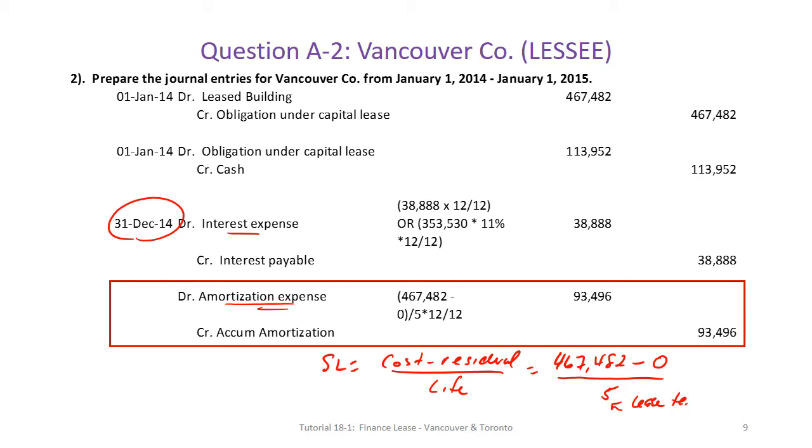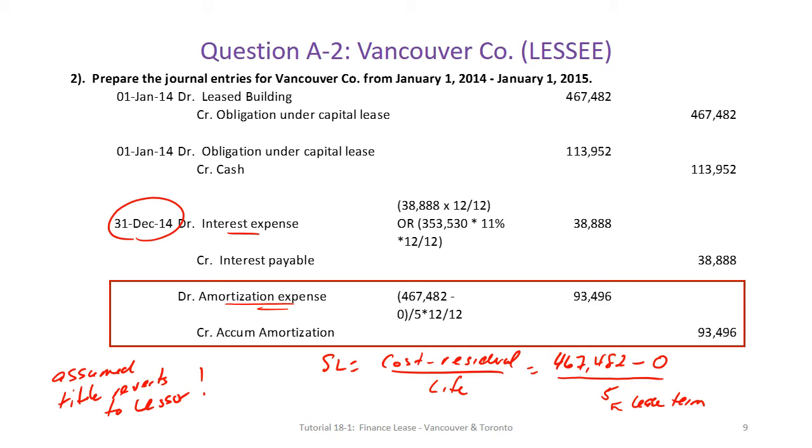Now, not all questions use the lease term. In this example, there isn't a bargain purchase option, and so therefore it is assumed that the title reverts back to the lessor. So it is not anticipated that Vancouver will take the asset at the end of the lease.